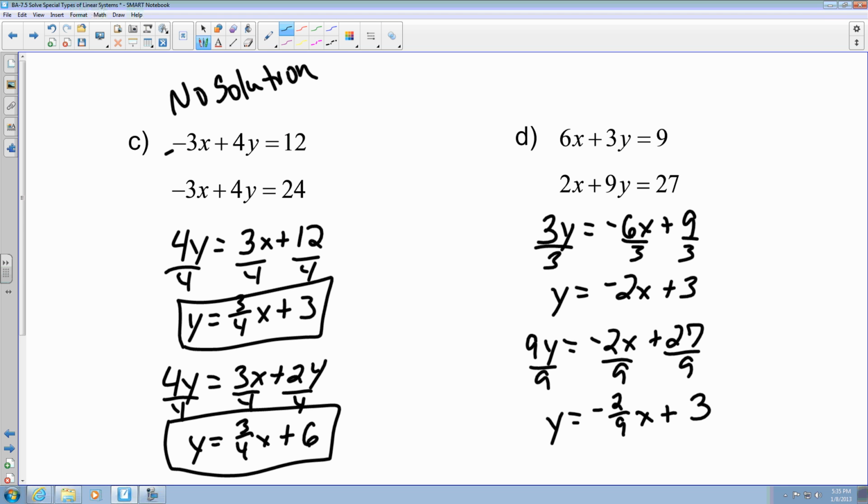So even though they have the same y-intercept, that doesn't really matter. I'm more concerned about looking at the slope. So since they don't have the same slope, I can conclude that this will intersect. So I do know that it's going to have one solution.